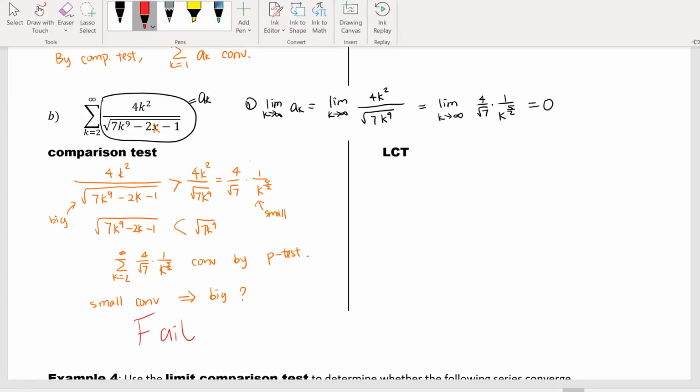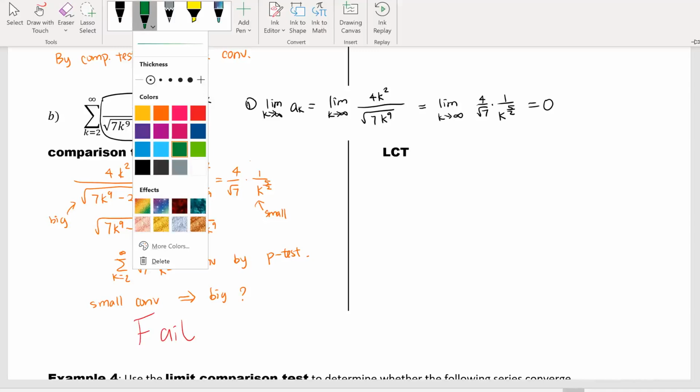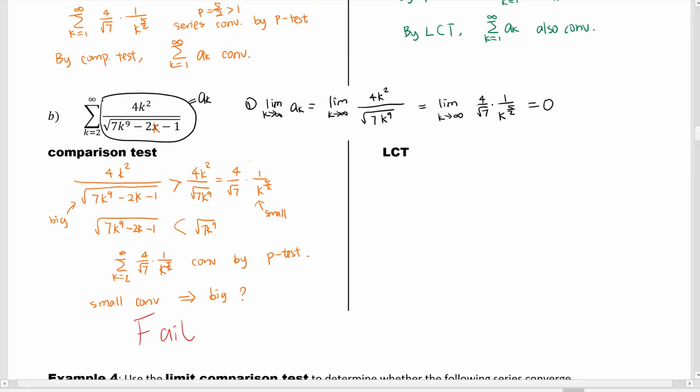Well, let's look at the limit comparison test. L is the limit as k goes to infinity of a sub k over b sub k. Here, a sub k is 4k squared over 7k to the 9 minus 2k minus 1, and b sub k is 4 over square root of 7 times 1 over k to the 5/2.